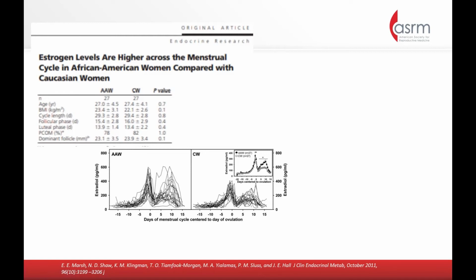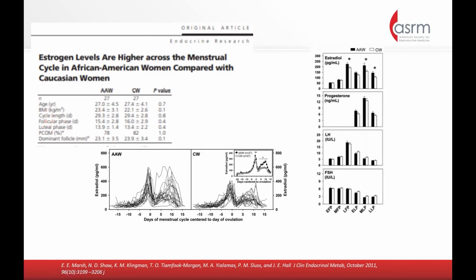Summary data of both cohorts is shown here and shows specifically the increased levels of estradiol of African American women, who are represented in black circles, versus white women, who are represented in the lines with white circles, in the mid to late luteal phase as well as the late follicular phase.